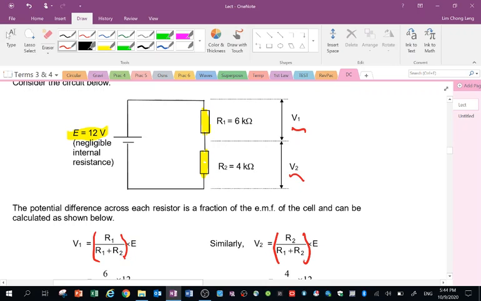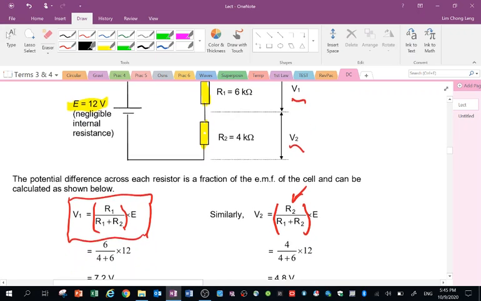The only difference is the numerator; this time it is R2. I want the PD across R2, so I take R2 divided by the total resistance of the circuit. This potential divider formula simply helps you to find the fraction of PD across each resistor in the series circuit.